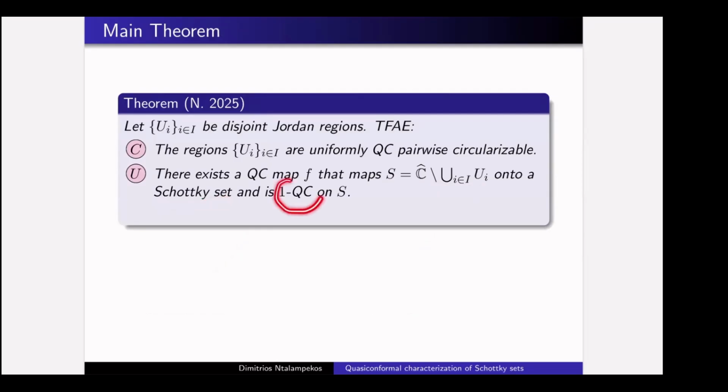And moreover, this map is 1-quasi-conformal on the set S, meaning that the differential of f is the composition of a scaling with an orthogonal matrix. And moreover, this map is unique up to Möbius transformations, even if the set S has positive area.